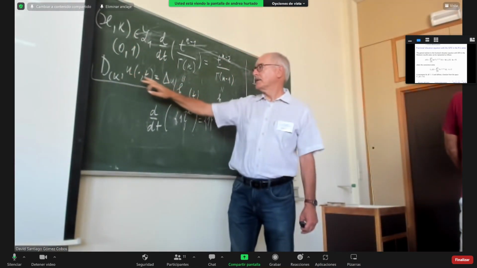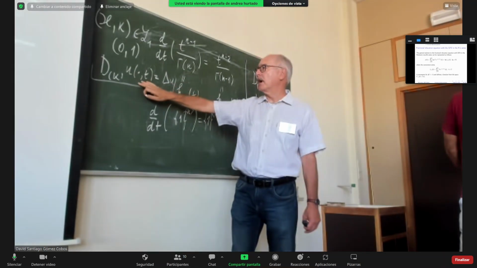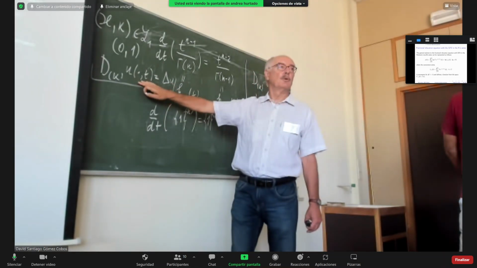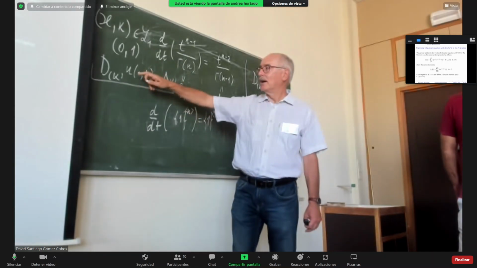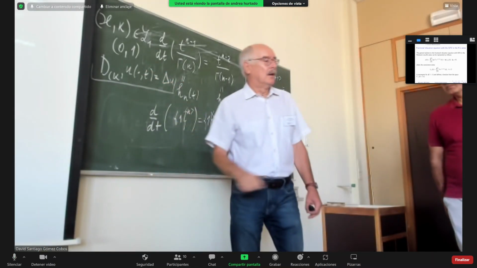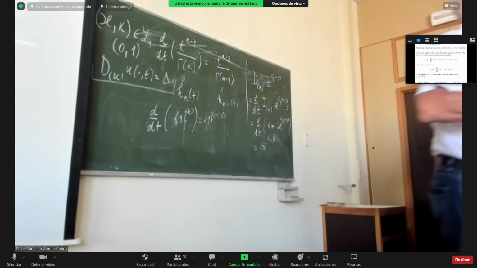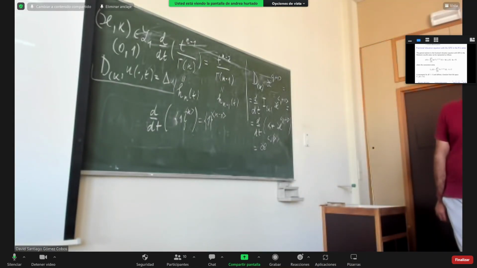So this equation could describe some, for example, anomalous diffusion processes. But of course, to be realistic, the interpretation as a probability density function is required. So you have to guarantee the positivity of the quantity, yeah? And this result is there.